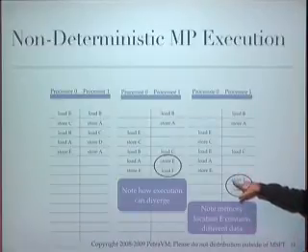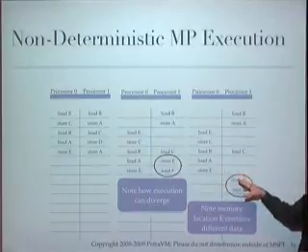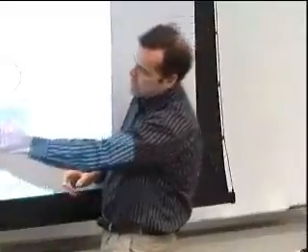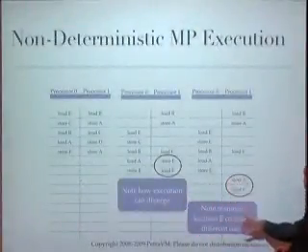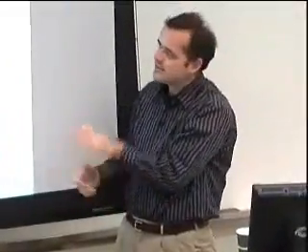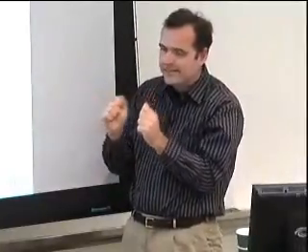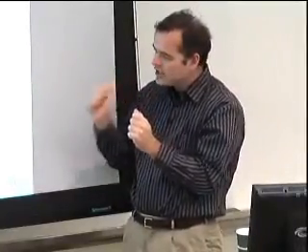So here, the memory location E could be different, even though the exact same instructions were executed in this run and this run. This is what I mean by non-deterministic execution: even though you have the same program and you've given it the same input, because the threads are interleaved and scheduled in slightly different ways, you can get different output.